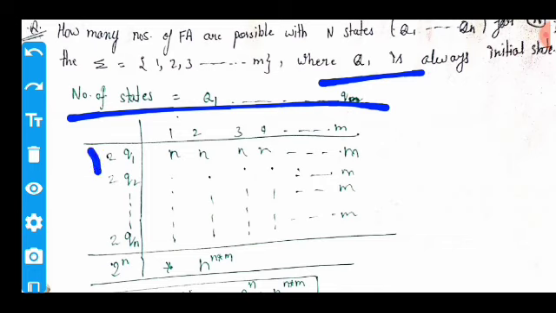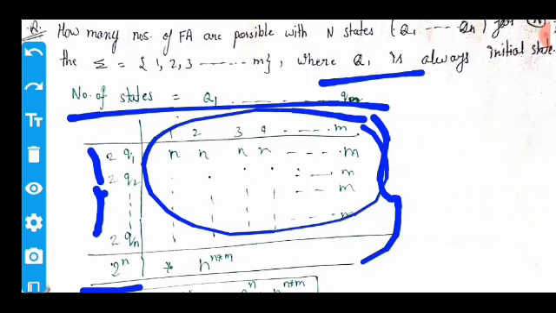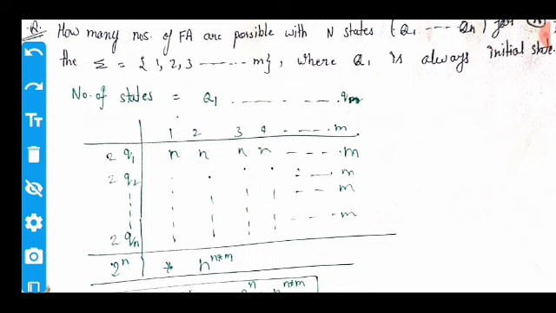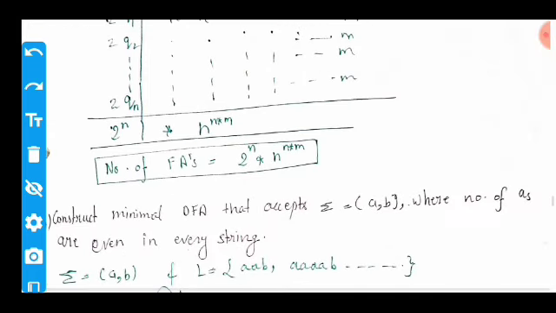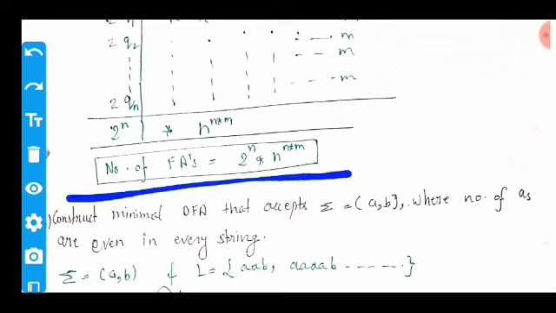So we get the total number of final state choices as 2 to the power of n, and the total number of input combinations as n to the power of n times m. So we get the number of finite state automata as 2 to the power n into n to the power of n into m.